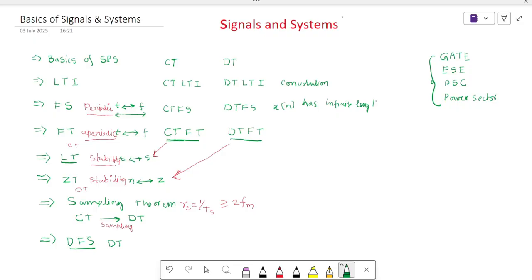For finite length, the DTFS cannot be used for an x of n which has finite length.